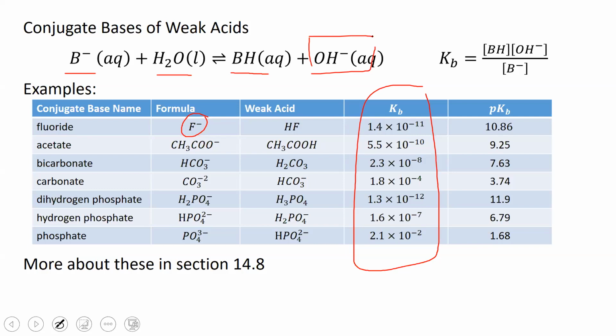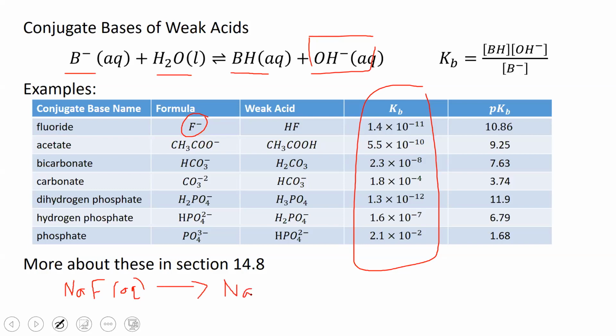Now, the way you get something like B minus into solution, we'll use an example for fluoride. If you were to have sodium fluoride, we could consider that aqueous because it'll dissolve, because it's an ionic substance and it breaks apart, as we know, into its ions.